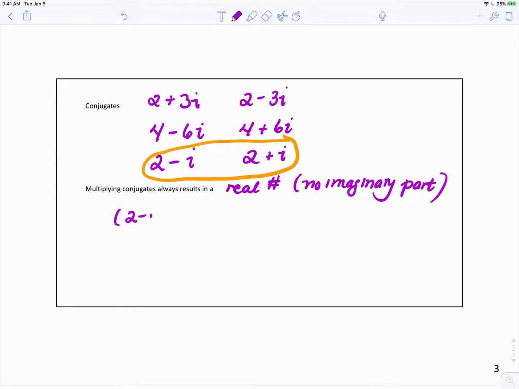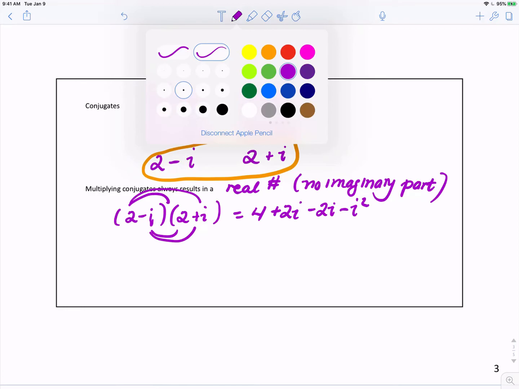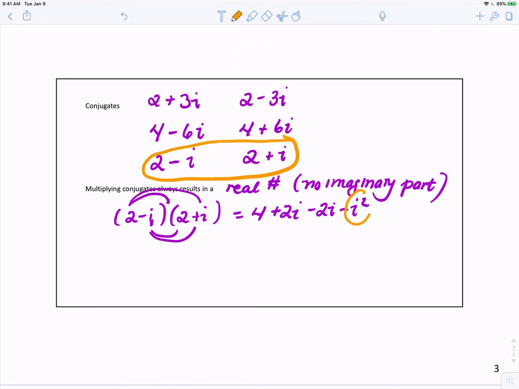So 2 minus i times 2 plus i, we will distribute. We're going to have 4 plus 2i, distributing again, minus 2i minus i squared. Now remember, whenever we see an i squared, we're going to replace that with -1.